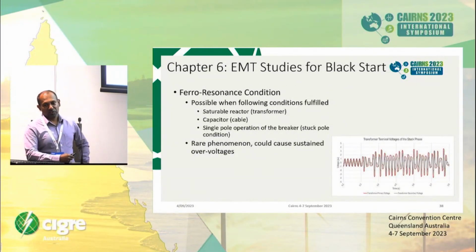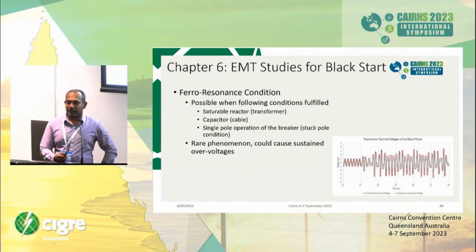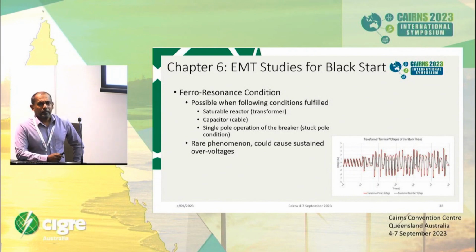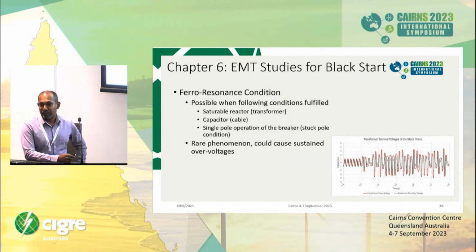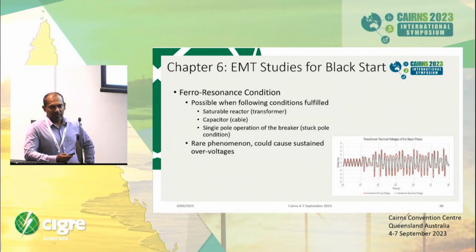Another interesting phenomenon is ferroresonance. Three conditions need to be satisfied. You should have some saturable reactors, very possible with any transformer in the power system, and you should have a capacitor, which can be a cable connected to the transformer, and then you need a single pole operation. I mean, out of three phases, unbalanced operation, where a couple of phases are closed and other phases open.